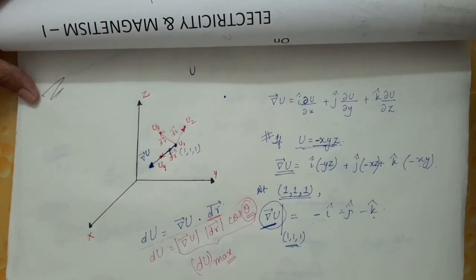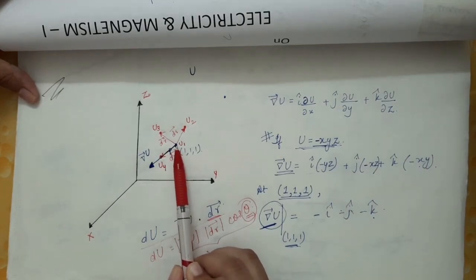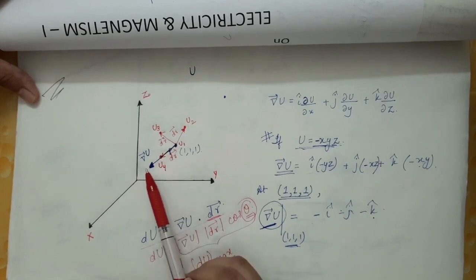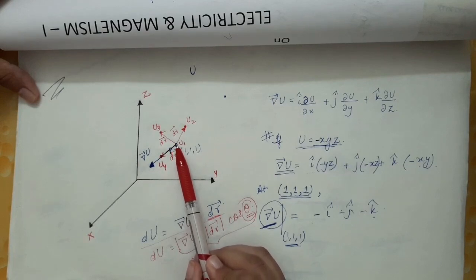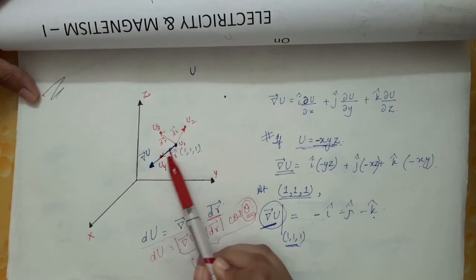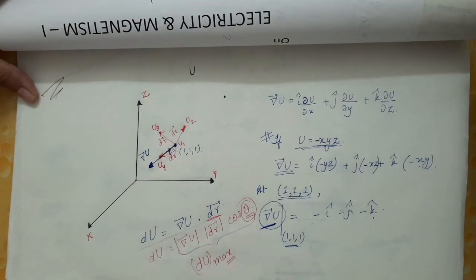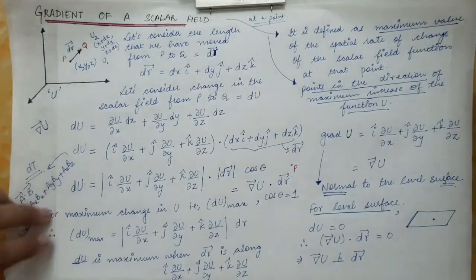This is the significance of the gradient: the direction of the gradient at a point in space gives us the direction of the maximum change of that scalar function. So the scalar function at this point will change by the maximum amount along the gradient. This is the physical significance of the gradient of a scalar function.